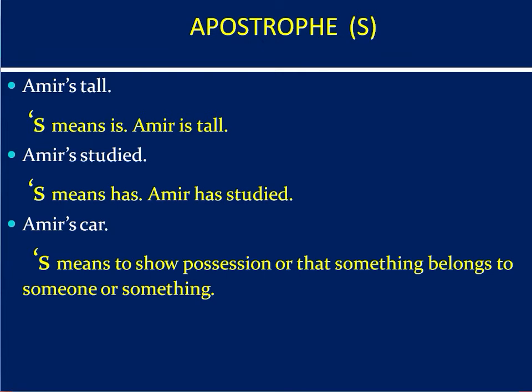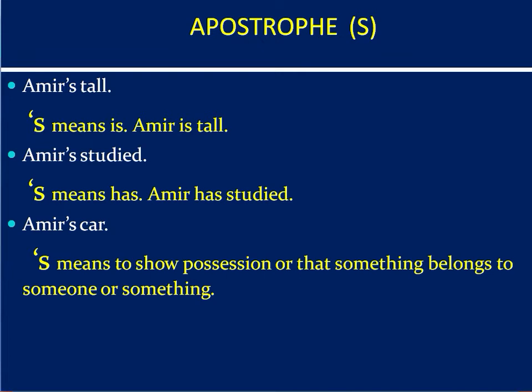Number one is Amir's tall. Over here, S means Amir is tall, and here we are telling the height of Amir. So S means is. In the second sentence, Amir's studied, apostrophe S is used and it means has.